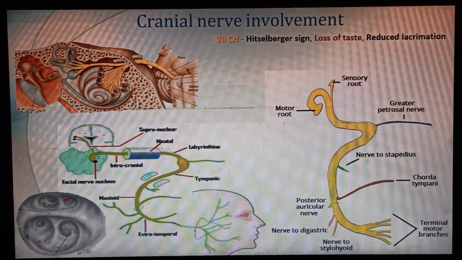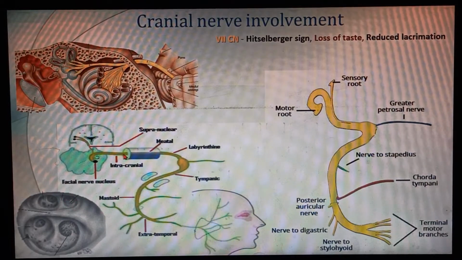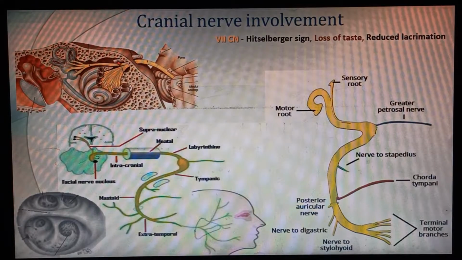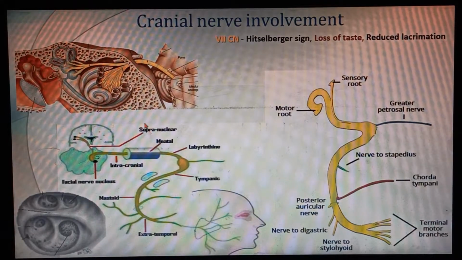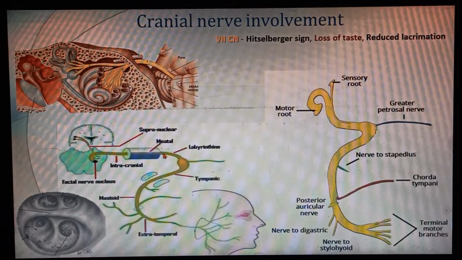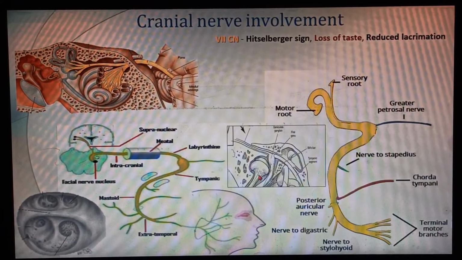So as you already know, it lies in the anterosuperior quadrant of the internal auditory meatus over here. This is the meatal part. Okay, and after crossing the intrameatal part, it travels above the labyrinth. So this is the labyrinthine part. If you can see here from above, this is the cochlea.